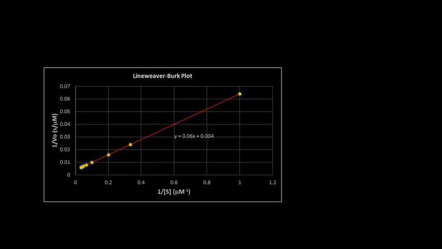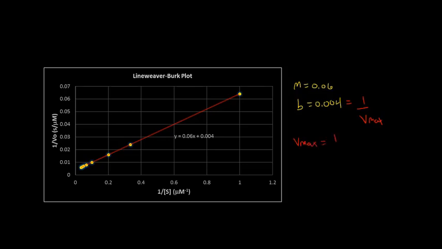But in this case, we have our slope, m, equals 0.06, and our y-intercept equals 0.004. As we saw above, the y-intercept equals 1 over Vmax. So if we invert 0.004, that'll give us our Vmax.